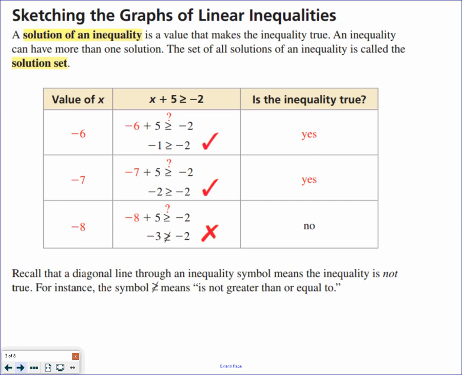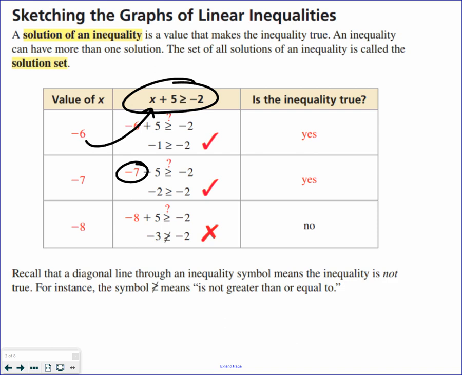Checking whether or not something is a solution. Here's the inequality they're asking me to look at. If it's a solution, it makes it true. If I put -6 in for x, -6 plus 5 is -1. Is -1 greater than or equal to -2? Yes, it is. If I put -7 in for x, is -7 plus 5, which is -2, greater than or equal to -2?